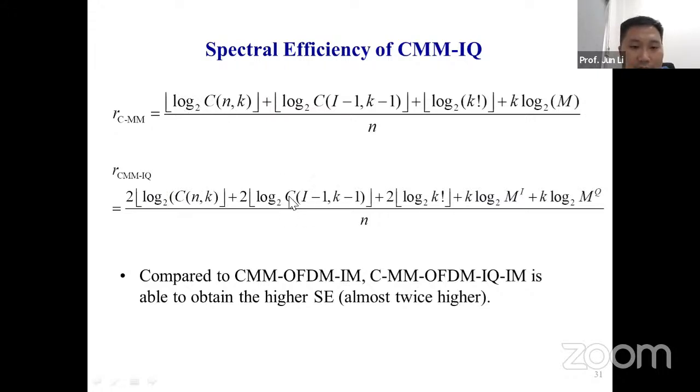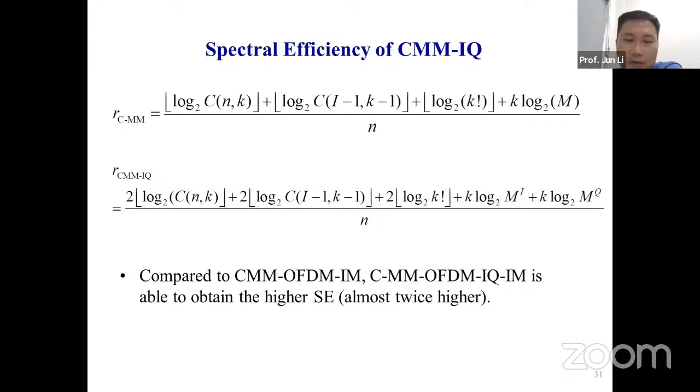Similarly, the composition bits for selecting the energy allocation pattern are also 2 times those of the composite multiple mode IM. Similarly, the modulation bits for selecting the constellation permutation pattern are still 2 times.